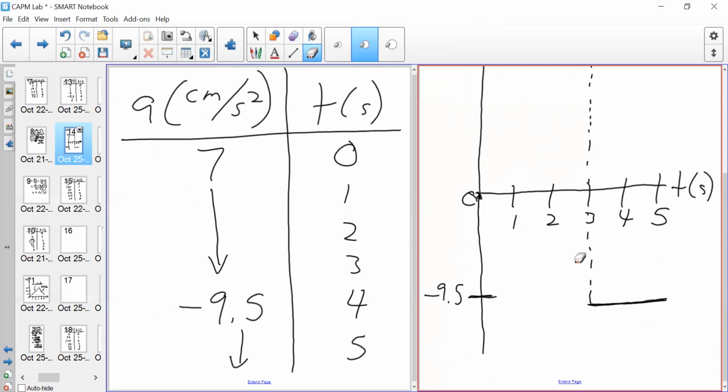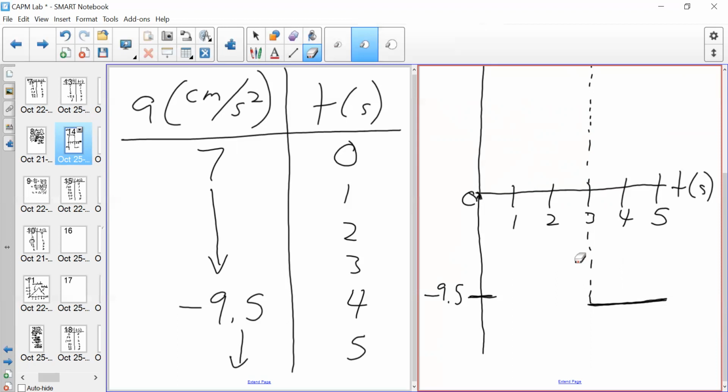Last thing I would like to do is get some standard deviation, but we can talk about that in the classroom.